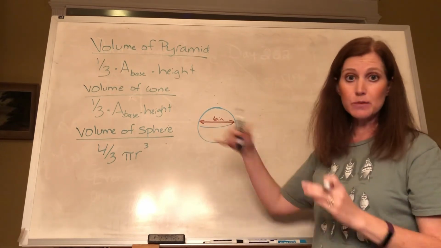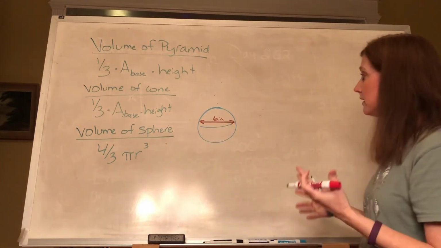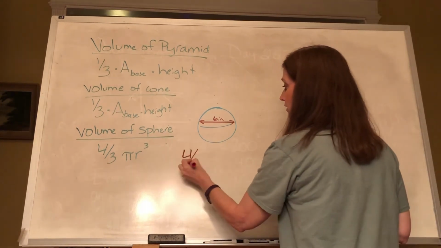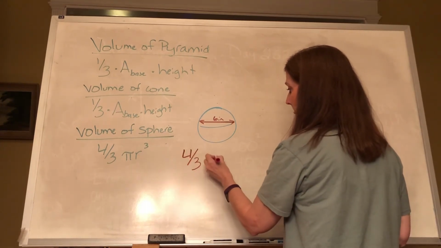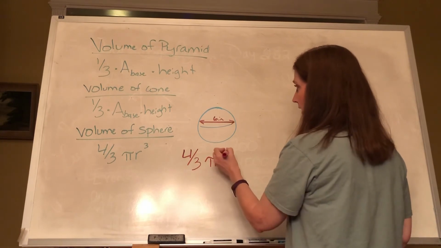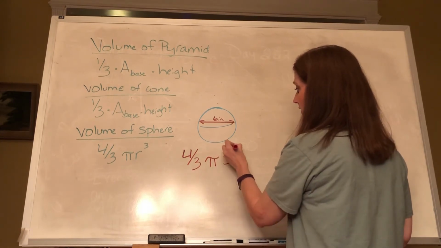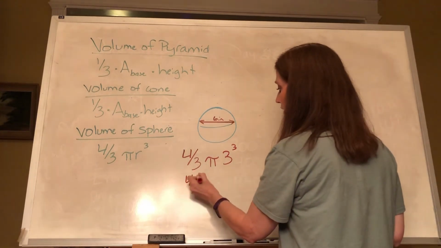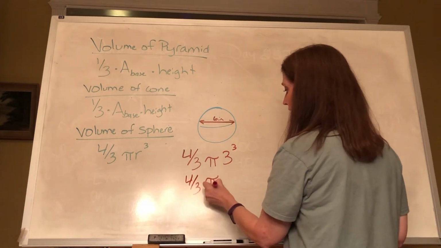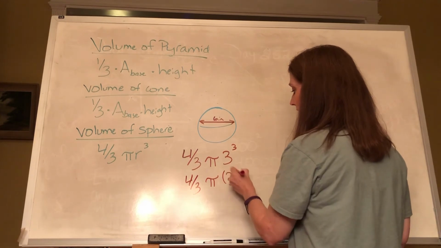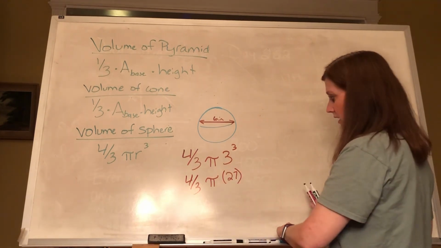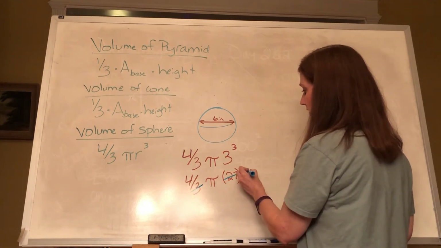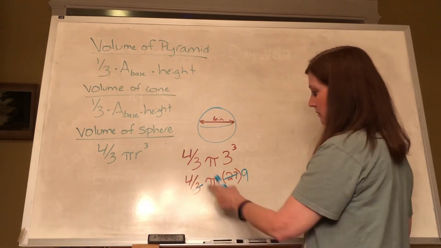Remember, this is the diameter because I'm going all the way across. So my radius is going to be 3. So 4/3 pi, my radius being 3, so it's going to be 3 cubed.